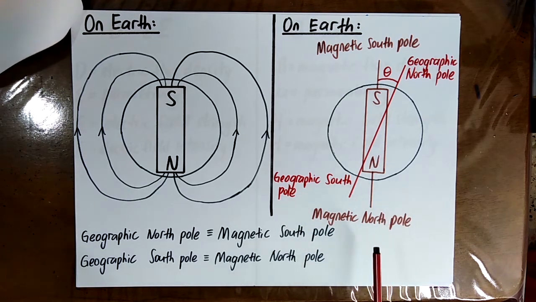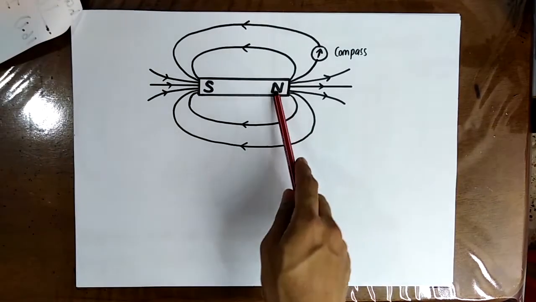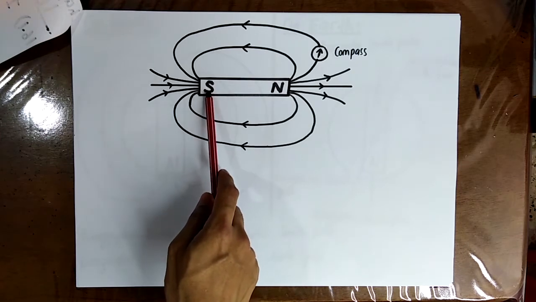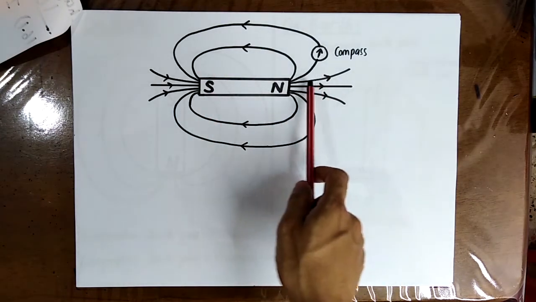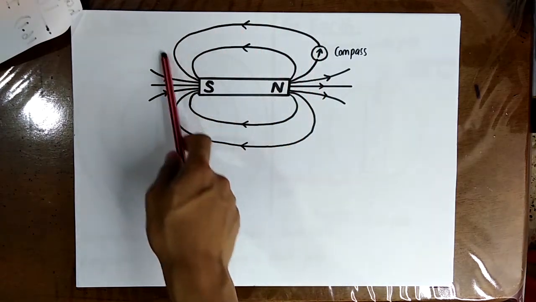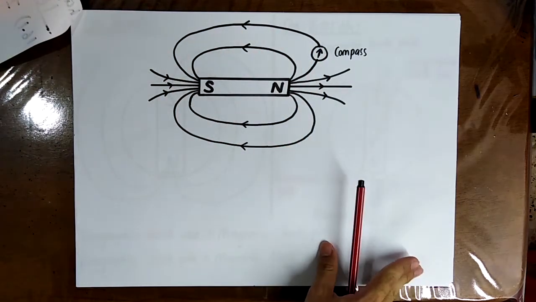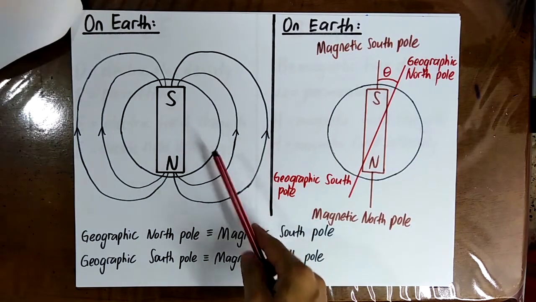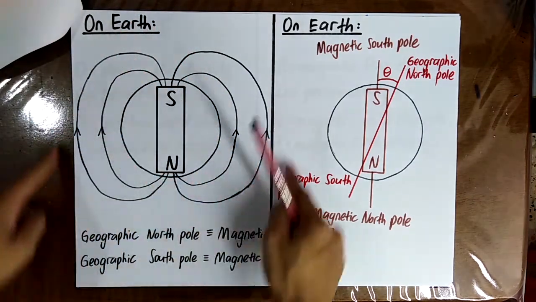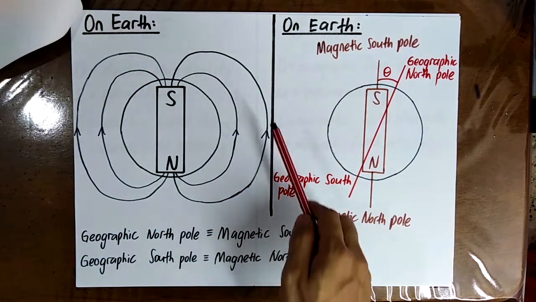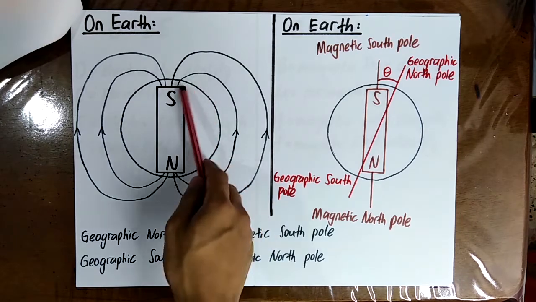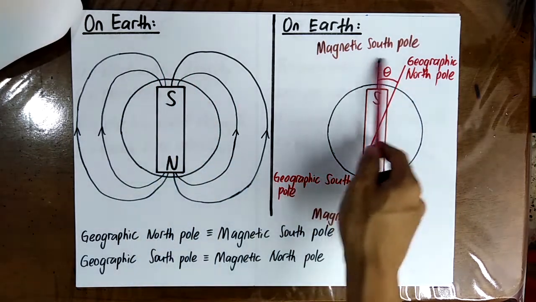So actually, this is the magnetic North Pole, and this is the magnetic South Pole. The magnetic field line will point from the magnetic North Pole to the magnetic South Pole. So in this case, the magnetic field line will point along this direction, and the compass will point to the geographic North Pole.